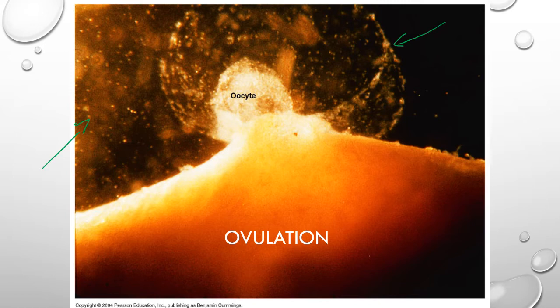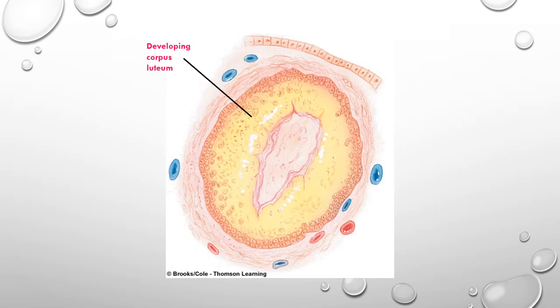They get a little twinge of pain called Mittelschmerz, and that twinge of pain signals the release of that oocyte. And now it's going to travel and be on its way down through the uterine tubes over the next several days. Back in the ovary, however, the follicle is going to start to go through some changes.